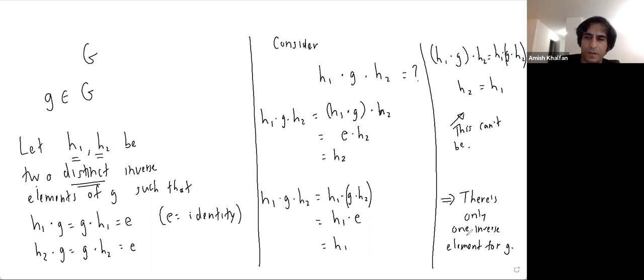Because if there weren't, you see that we obtain this contradiction that says that these two distinct inverses are equal to each other. That doesn't make sense. We can't have distinct inverse elements. We have to have only one inverse element. I hope that helps.